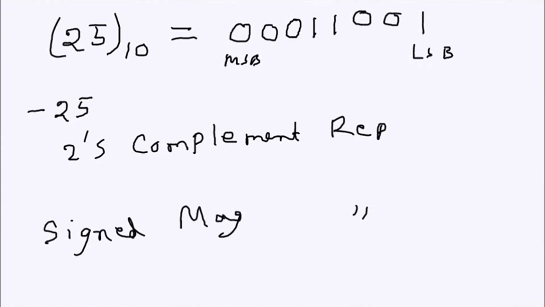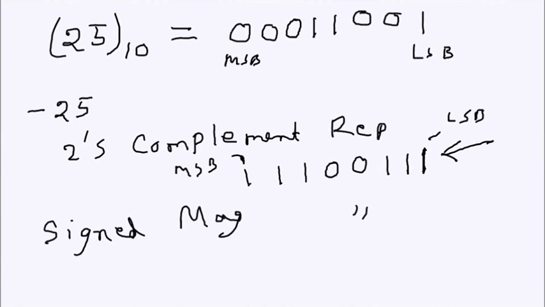Here the LSB is a 1, so we keep that 1 and then invert everything, so it becomes 1 1 1 0 0 1 1 1. That is negative 25 in 2's complement representation, and this is the MSB and this is the LSB, just like the positive number.